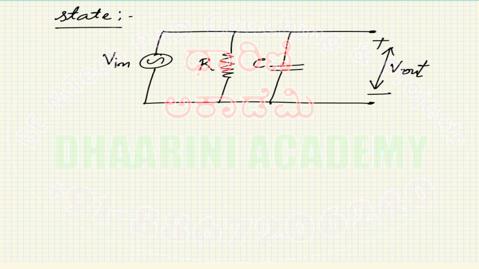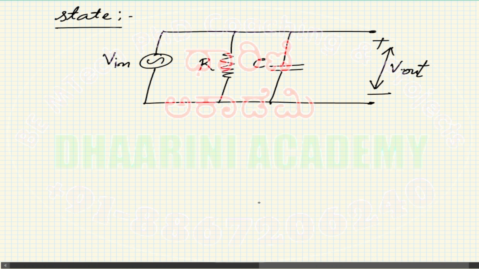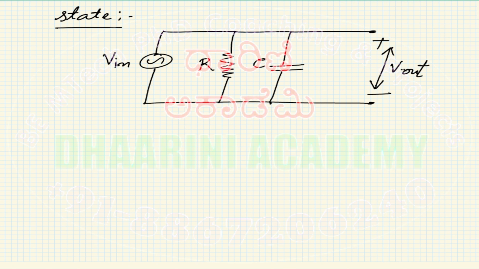V out changes if you have an initial voltage. V out is pretty much straightforward to calculate if you don't have any voltage across the capacitor. So only the information about V in is not sufficient, because if you have an initial capacitor voltage, that must be known.